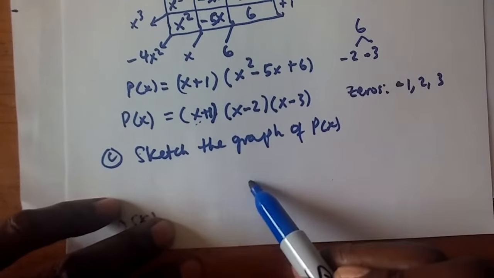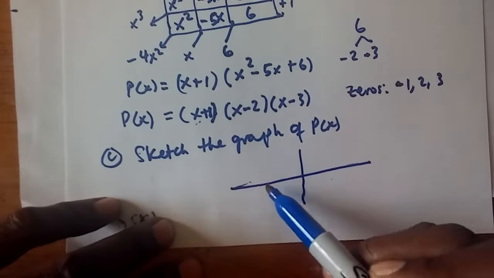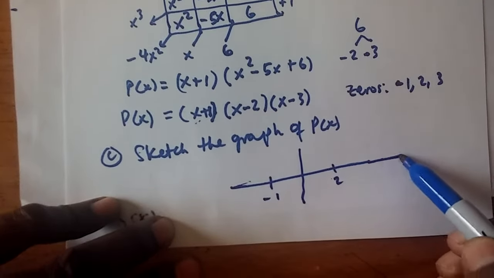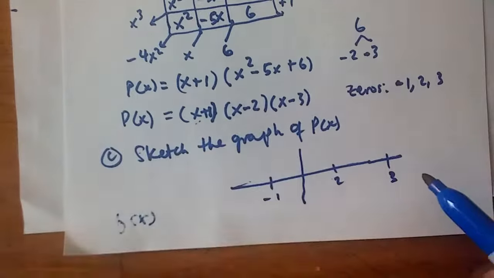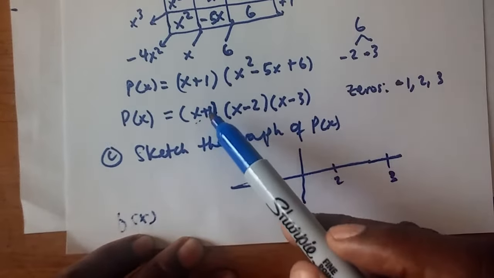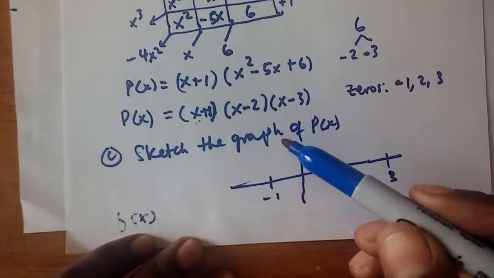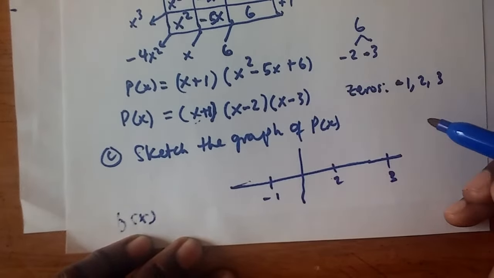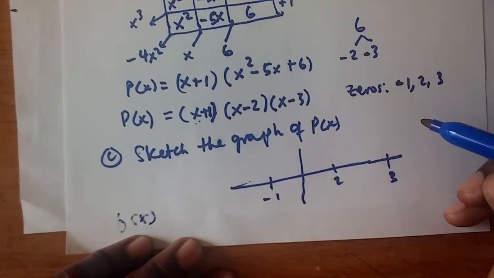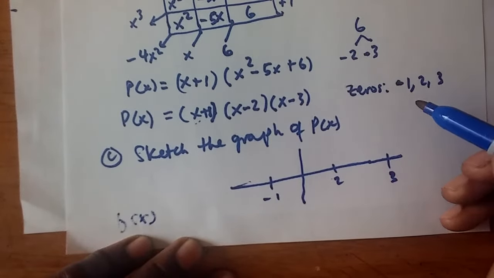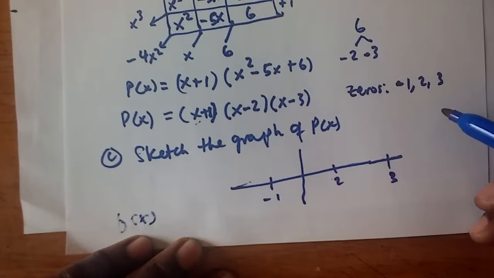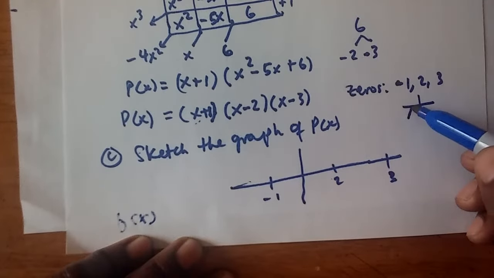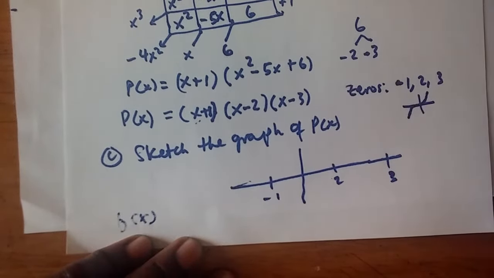So that means when we make our sketch, this is negative 1 here, this is 2, and 3. If it's a cubic function, an odd degree polynomial, the end behavior matches that of the basic cubic function, starting from negative infinity and ending at positive infinity.